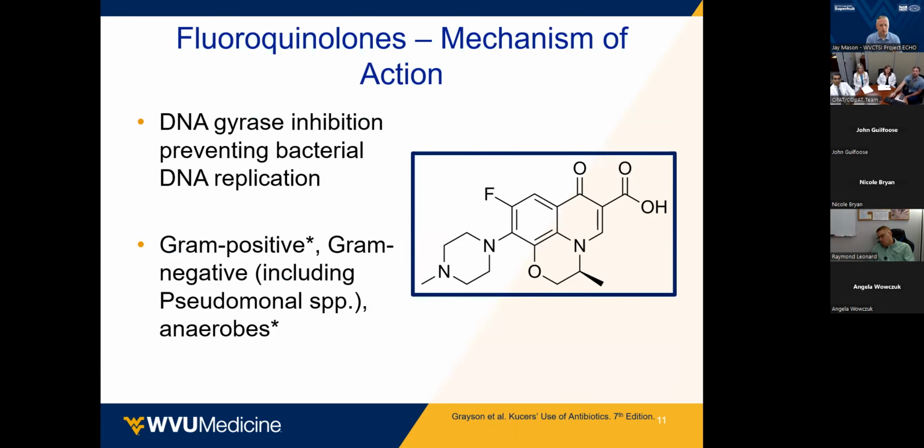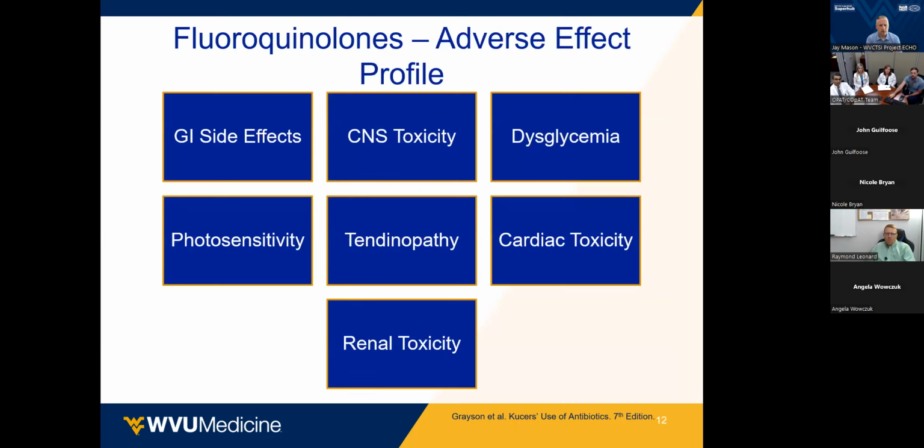The last couple things I wanted to talk about were fluoroquinolones and their adverse effect profile. Again, this is a drug that works not on the cell wall, but on DNA gyrase, which helps prevent DNA replication. Fluoroquinolones are known for their robust adverse effect profile that can affect a number of different body systems shown up there for you.